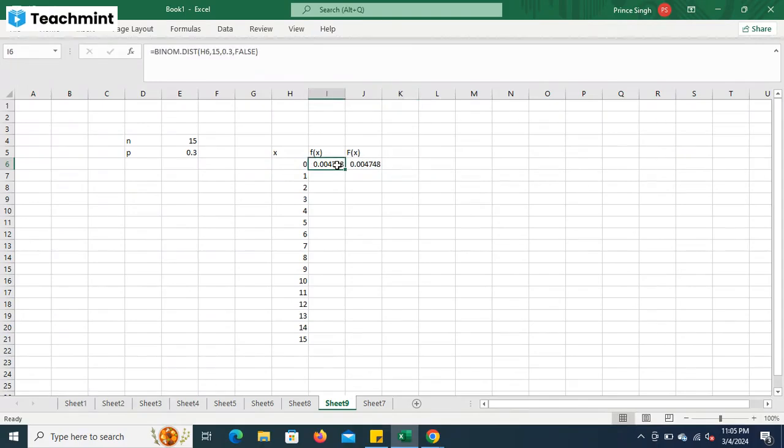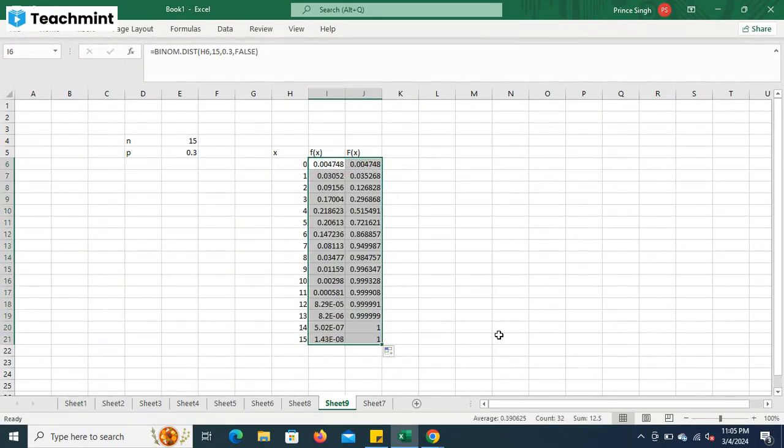If we want to calculate its value for different values of x, I simply copy it down. Like you can see here, for this particular one, we are using H7.